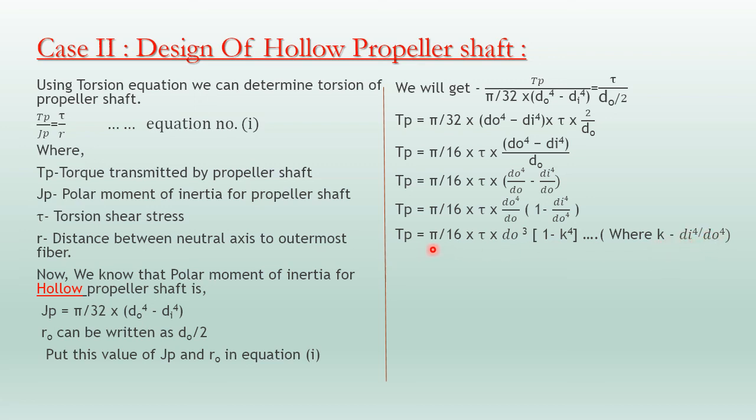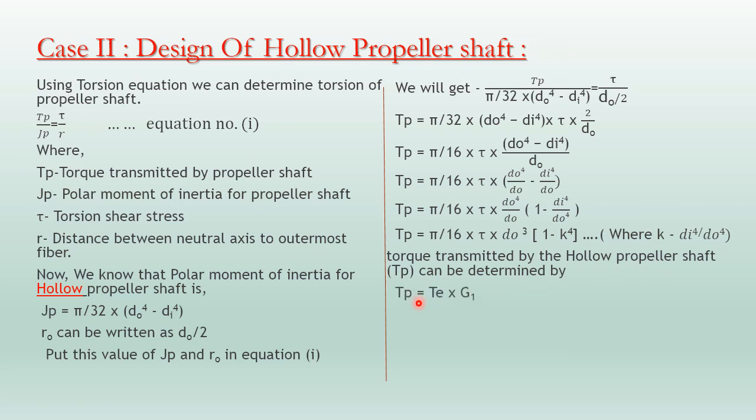Now this equation looks simpler than the previous one. So this is our final equation for the torque transmitted by the hollow propeller shaft. Torque transmitted by the hollow propeller shaft, Tp can be determined by Tp equal to Te into G1, where Te is engine torque and G1 is the maximum gear ratio.